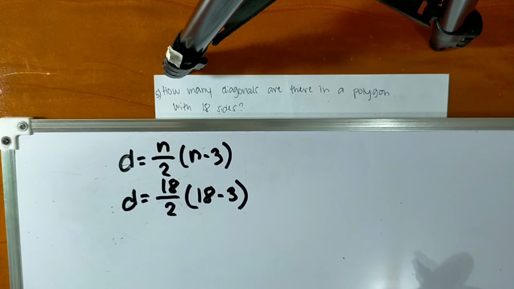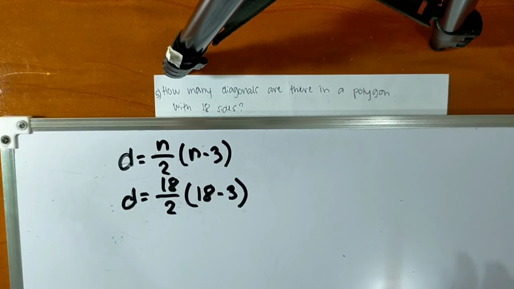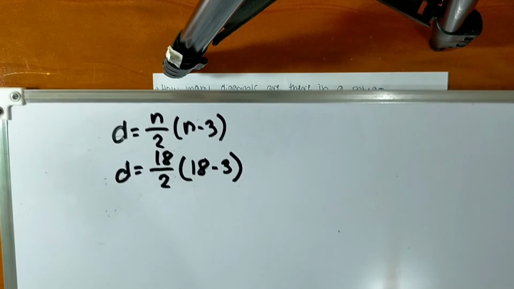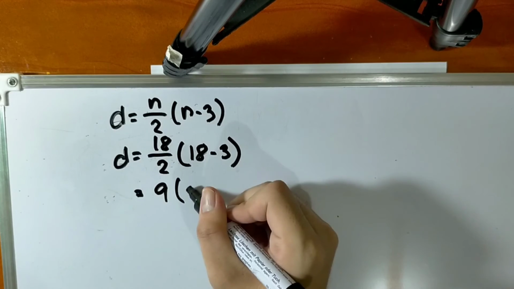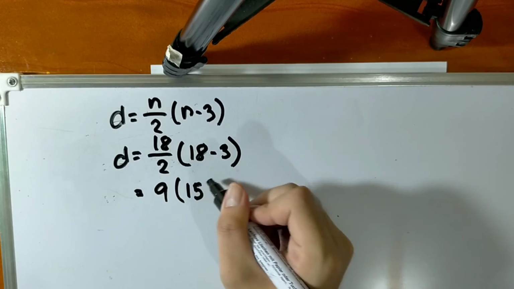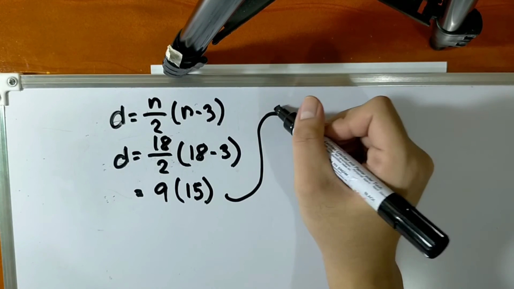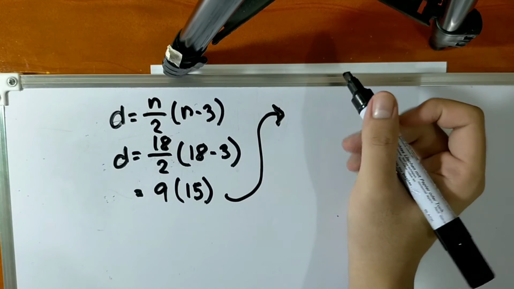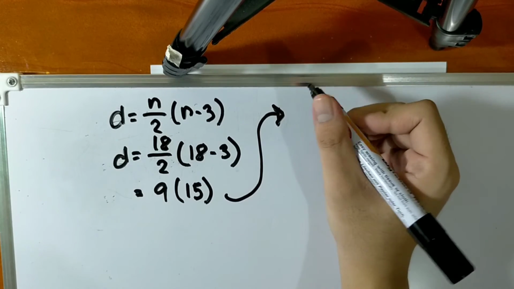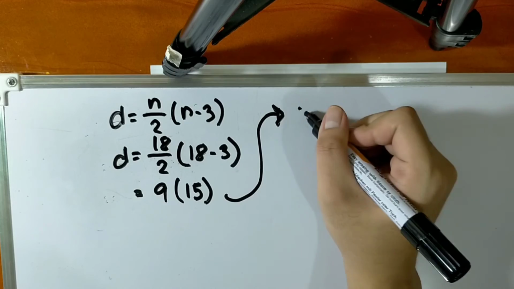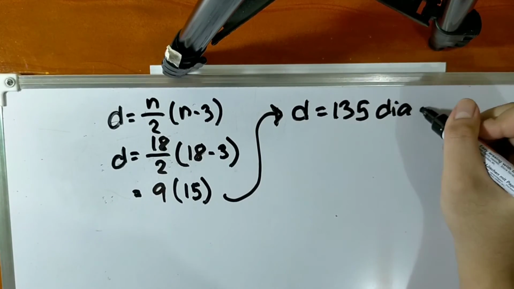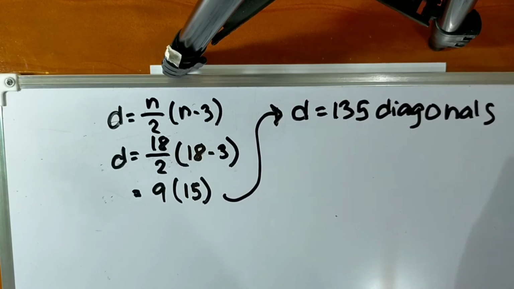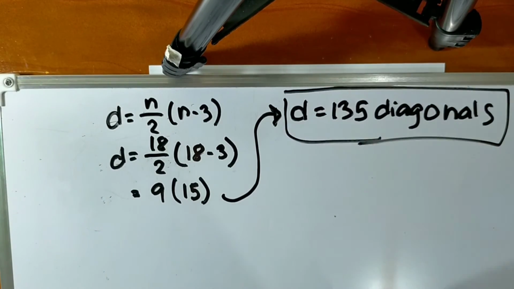So it will be 18 over 2 times (18 minus 3). It results in 9 times 15. The result will be 135, or the value of D is 135 diagonals.